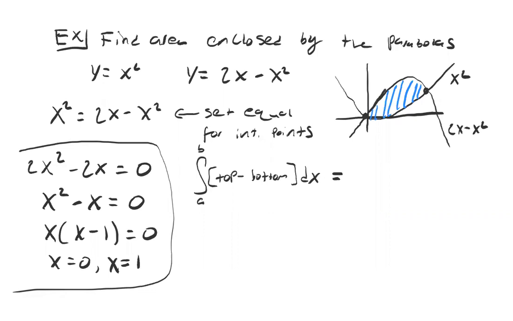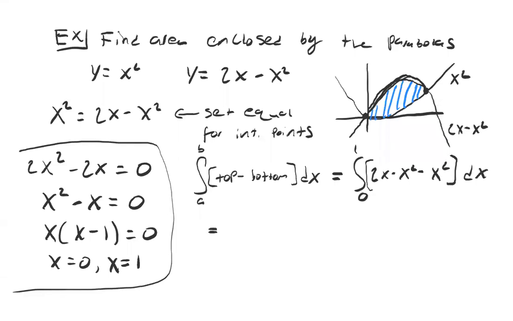So again, we've already identified the top. The top here is this one, it's the 2x minus x squared. We know what a and b are now: it's 0 to 1. And then we're going to have 2x minus x squared, and the bottom function is x squared, dx.